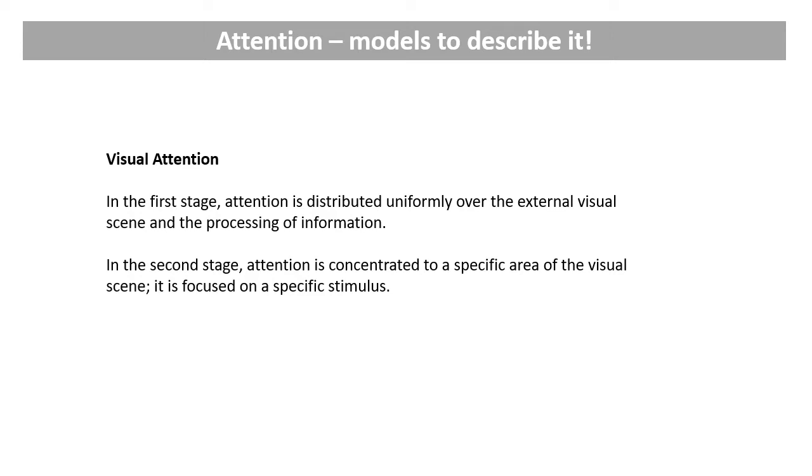For example, when I am finding out a certain person sitting in an audience, at first my gaze will fall over the entire audience, and then once I spot a person, my gaze will be fixated on that person, right?